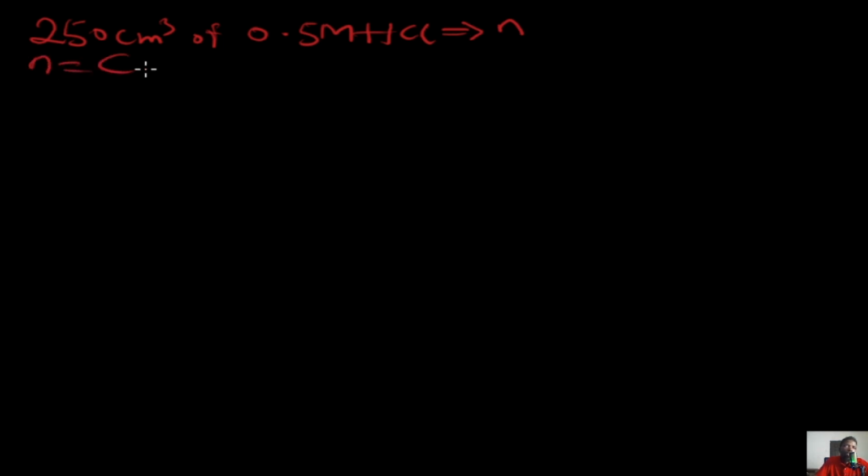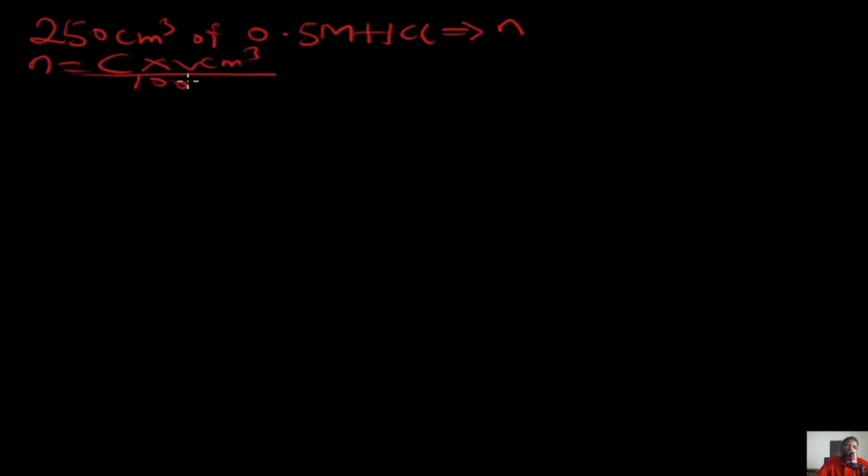Now as I said, the given was 250 cm cube of 0.5 molarity HCl. As I said, my advice is convert this to number of moles first. So the number of moles will now be concentration times volume. Because it's in cm cube, it means that we'll need to divide by 1000.